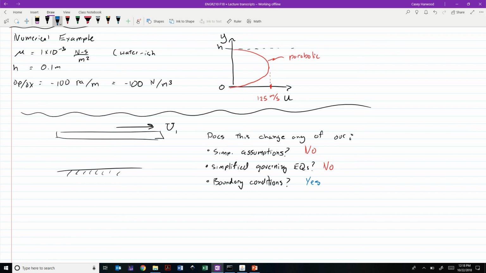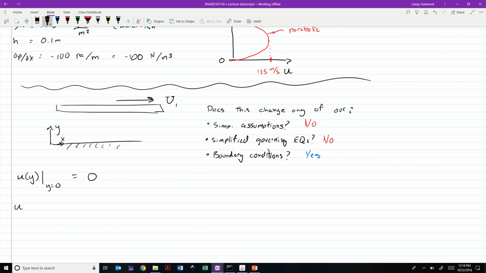Because we can restate our two boundary conditions now. If we say u of y at y equals 0 is going to be what? It's still going to be 0. And u of y at y equals h now is going to be what?